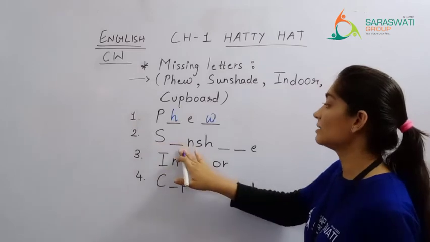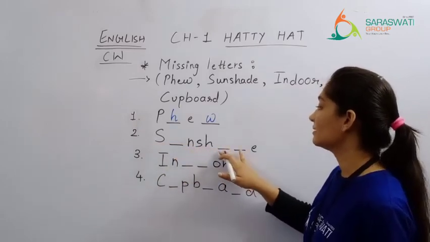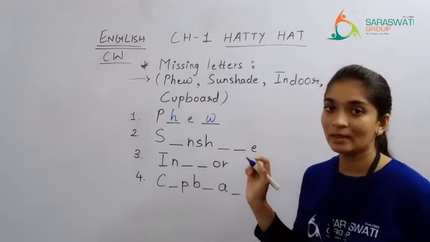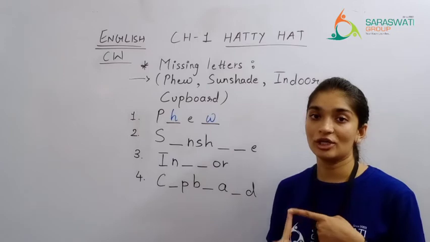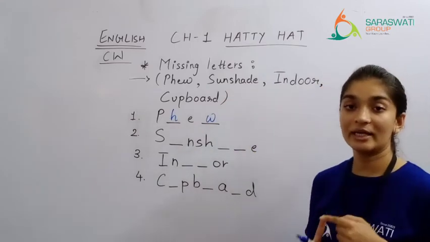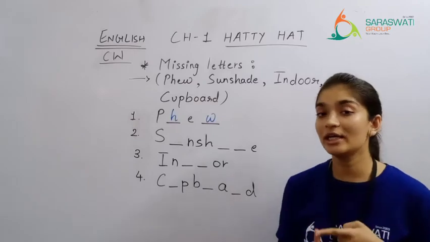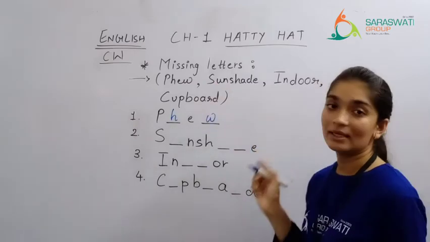S dash N S H dash dash and E. So what you are supposed to do, first thing, is watch which word is starting from the letter S from the words given in the bracket.